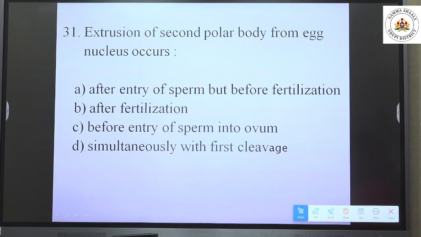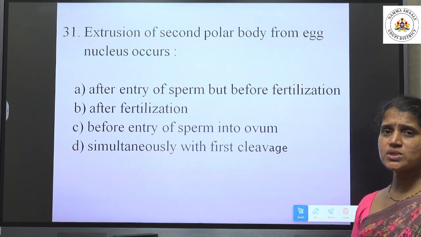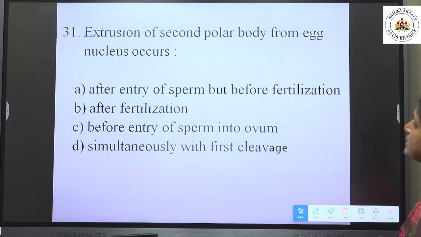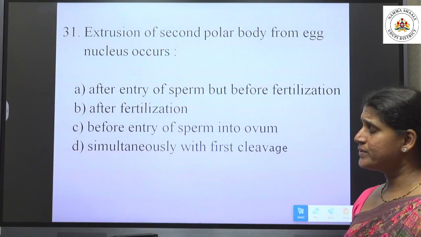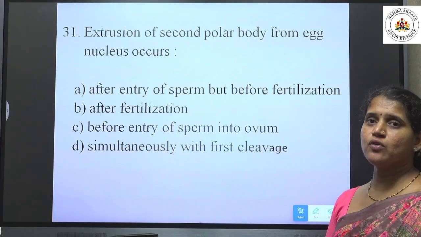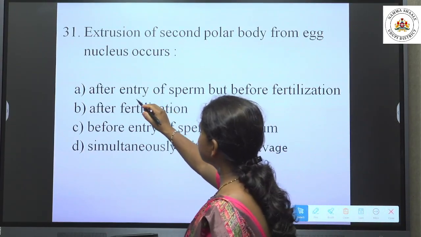Next one, extrusion of the second polar body from the egg nucleus occurs. Extrusion means pushing out. This extrusion of the second polar body occurs only after the entry of sperm into the egg, but before fertilization. So option A is correct.